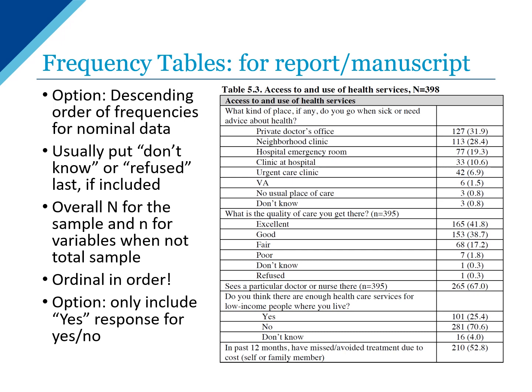And finally, when you're reporting dichotomous variables, you can choose to only report one of the choices, such as the yes response for a yes-no variable, like here where we have sees a particular doctor or nurse at this regular place of care.